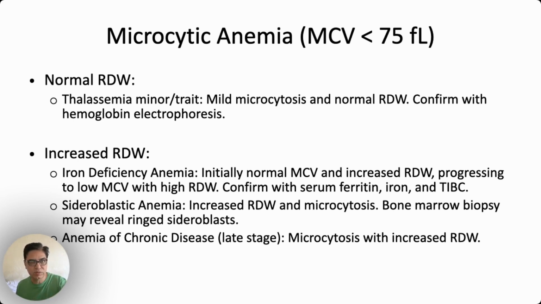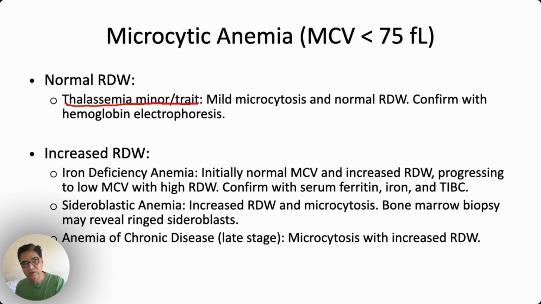It's not the common cause of presentation in the ER. With iron deficiency, the red cell distribution width is usually high. But if it is normal, hemoglobin is low, microcytes, you're possibly dealing with what we call thalassemia minor or trait.